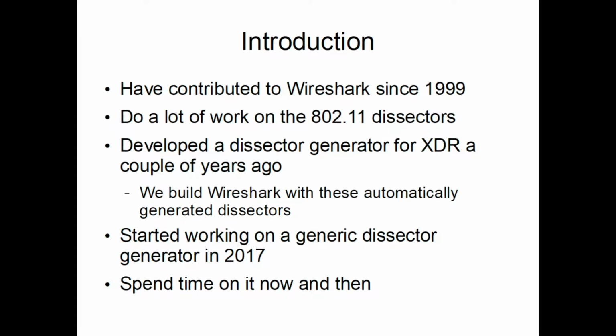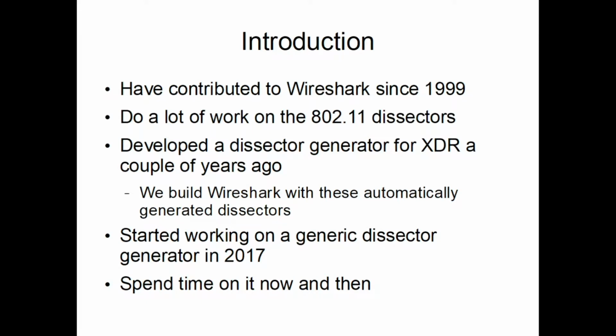It did take a while, and I actually rewrote my dissector generator as well, because my first attempt was really poor and had lots of problems, so I rewrote it. But we use it internally now in production, in that we generate Wireshark dissectors for all of our XDR-based protocols, and our QA people use those when they use T-Shark for checking things on the wire.